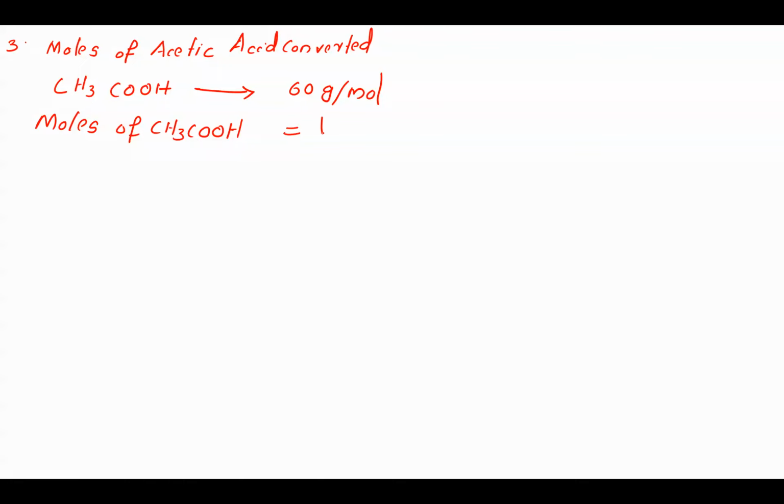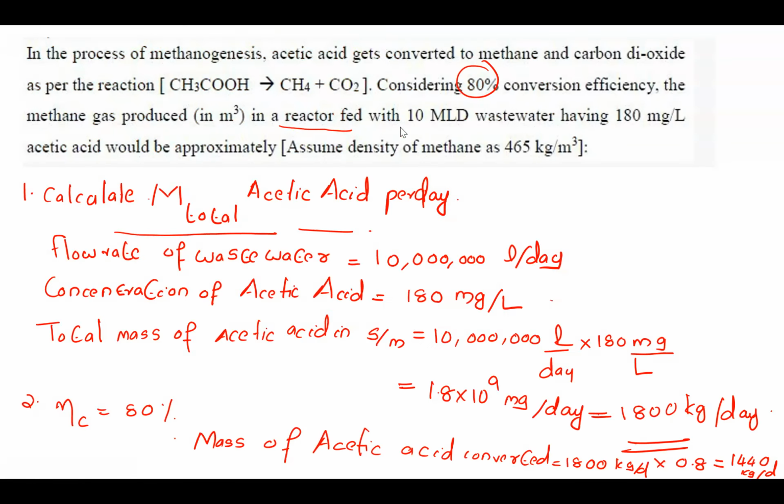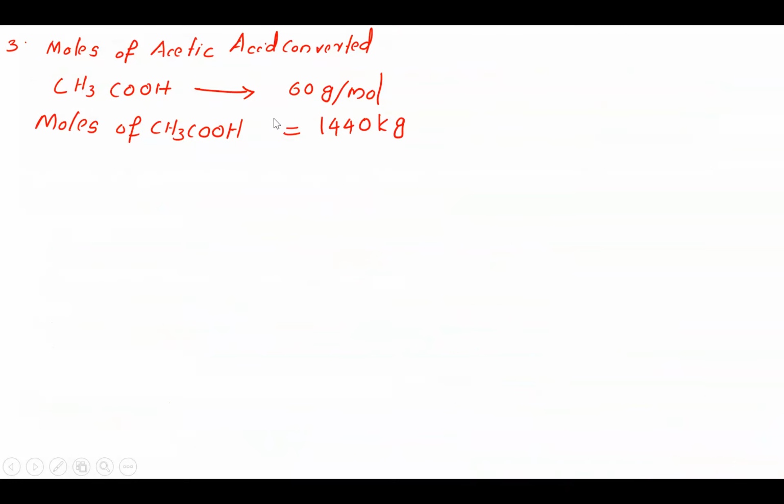What you have is 1440 kg, right? Kg per day we took. It is any one day, it is given in the process of methanogenesis converted approximately. Okay. Now we have 1440 kg per day.